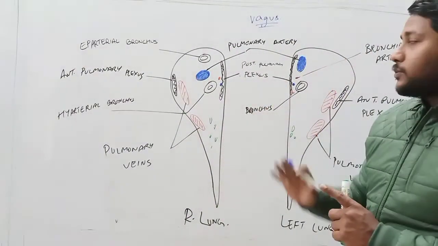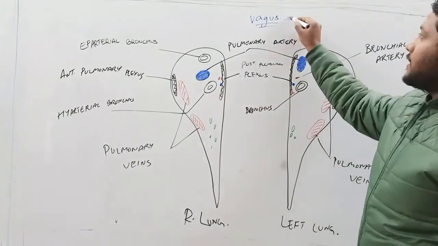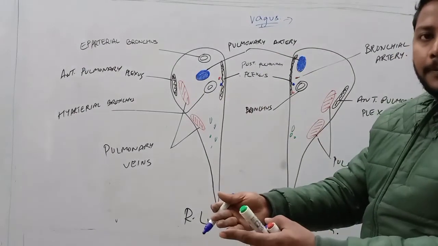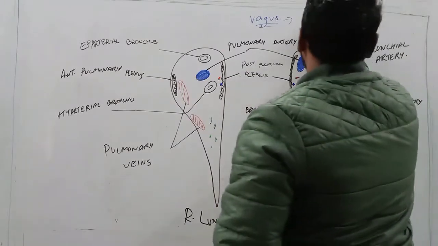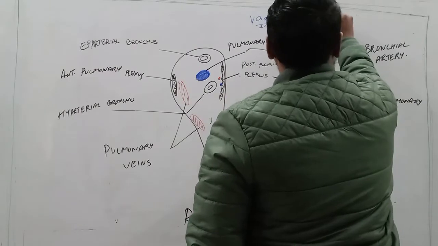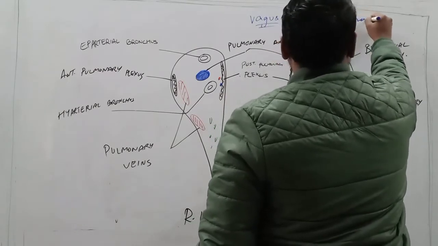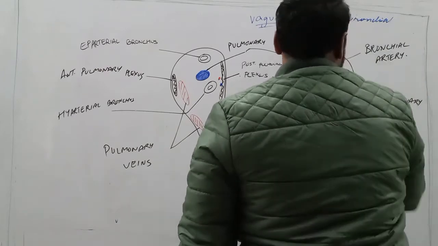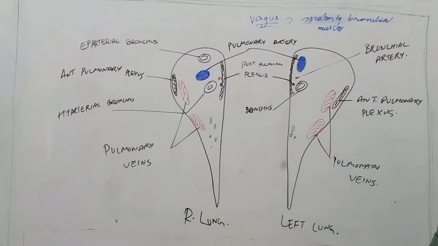The bronchial muscles which are present over here, the vagus provides stimulus to the muscle. We can say it is motor to the bronchial muscles, right?